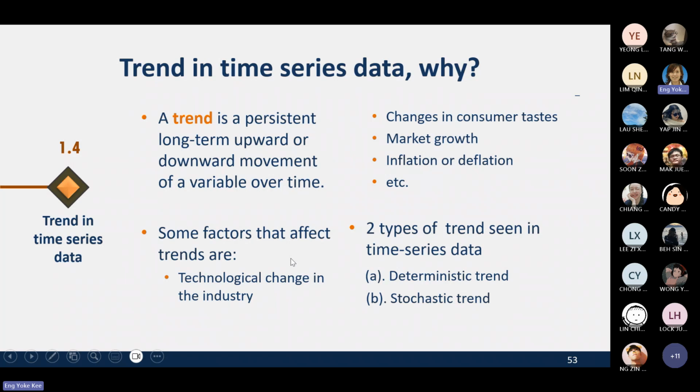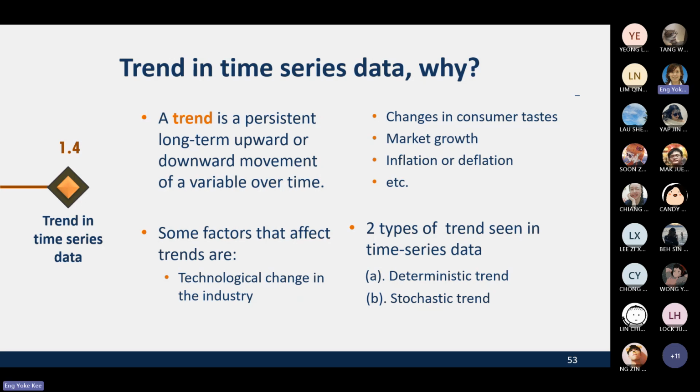So what are the factors that affect the trend? Trend pattern is an unobserved pattern. It tries to measure an unobserved phenomenon. For example, when you look at GDP going up every year, higher and higher, why is the GDP value higher and higher? Because the GDP value reflects cumulative effects from the past.